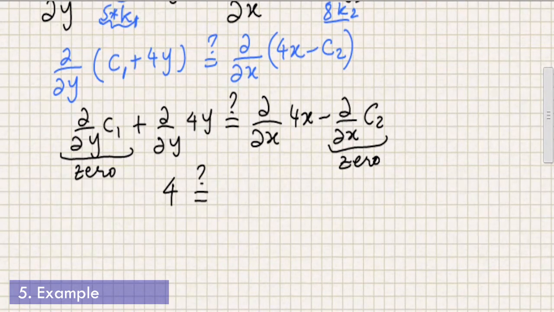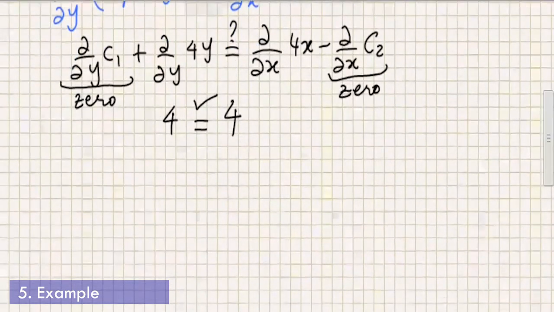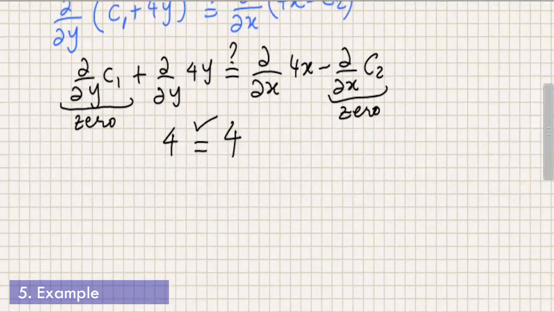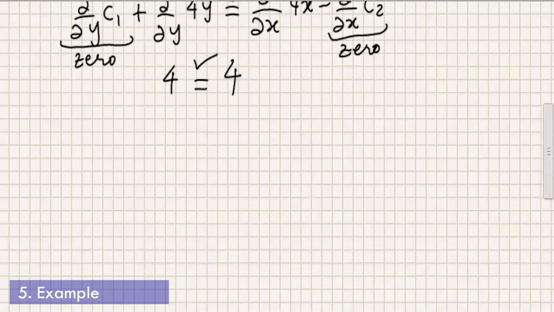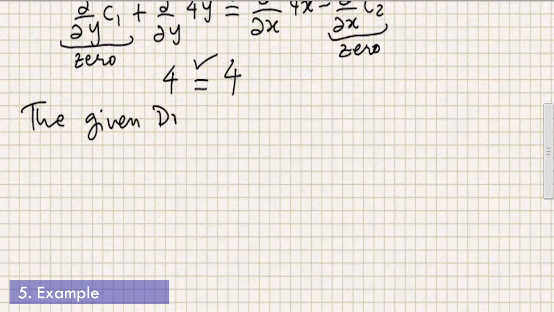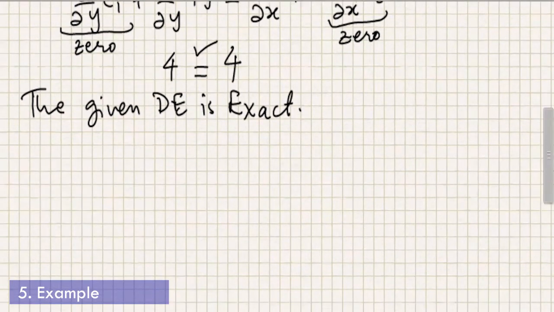And the derivative of 4x with respect to x will be how much? 4. So we find out that the check is true and both the left hand side and right hand side are equal. So the Euler's test is passed, so we can state that the given differential equation is actually exact, right?